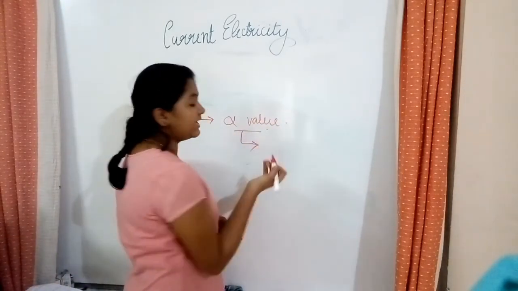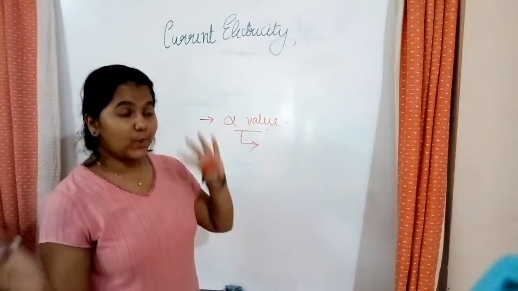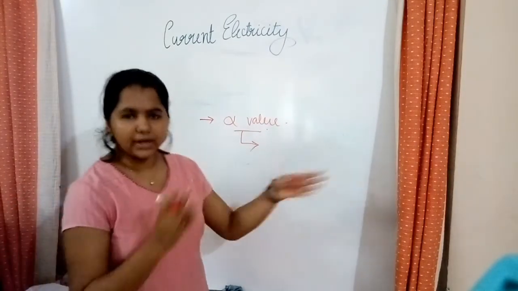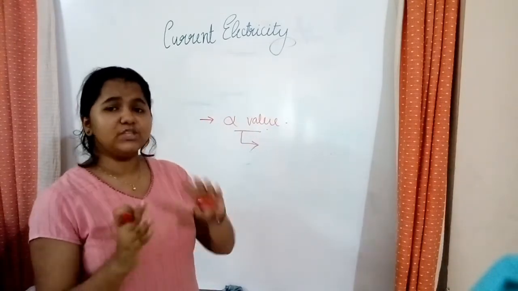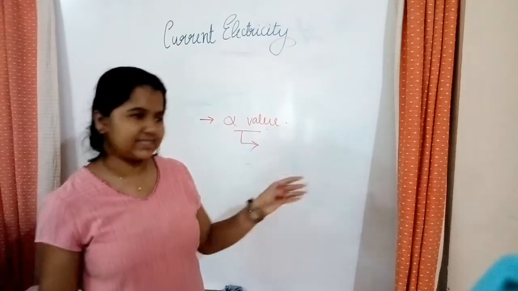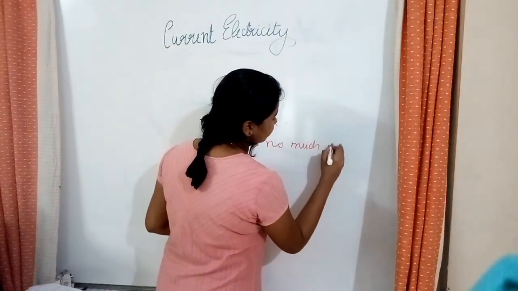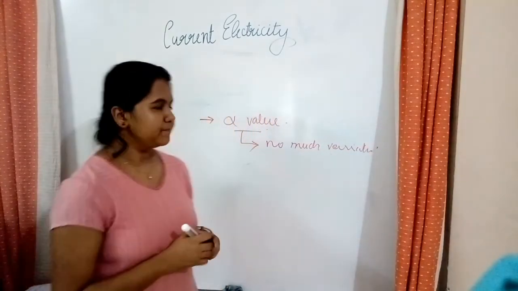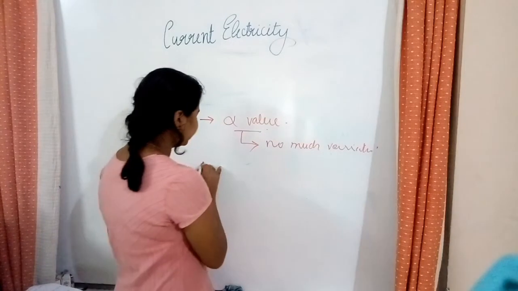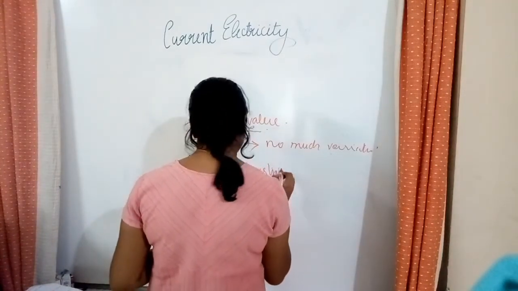That is, their resistance and resistivity do not change during a change in temperature. Even if the temperature changes to a great extent, there is not much variation in the resistance and resistivity. Okay, that is the first point. The second one, they have high resistivity.